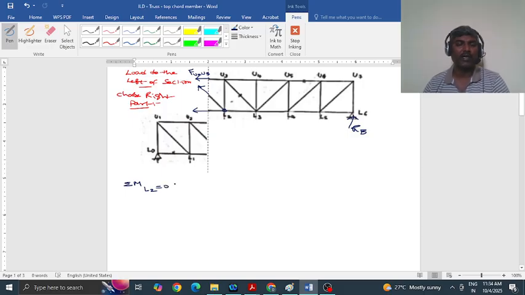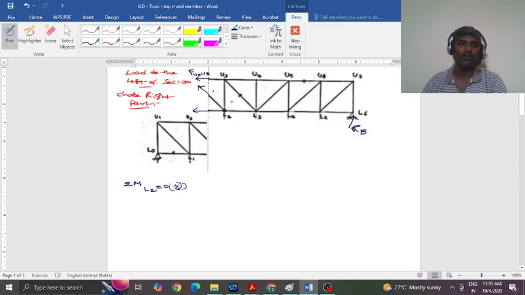You choose one direction as positive, either clockwise or anti-clockwise. Let me say clockwise positive. You have four forces in total on this part of the truss that has been chosen.